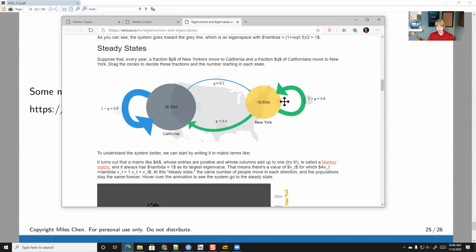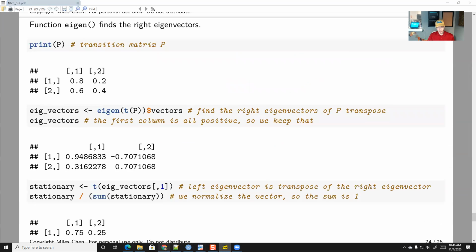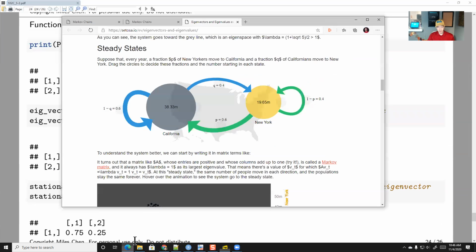Okay, we want this to be 0.6, and we want this to be 0.4. Wait, 0.6 and 0.2, sorry. Oh, there we go.